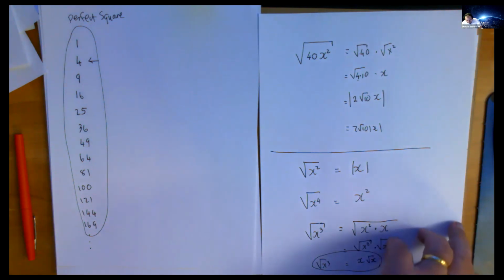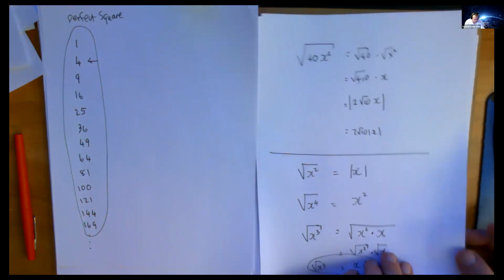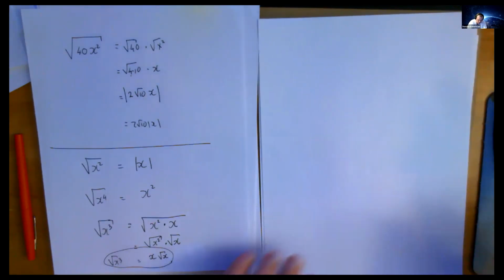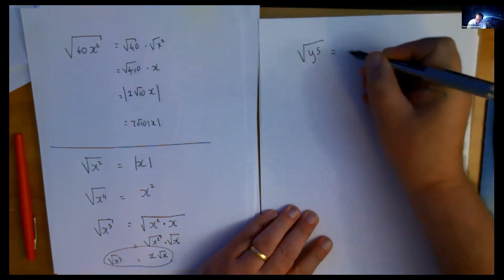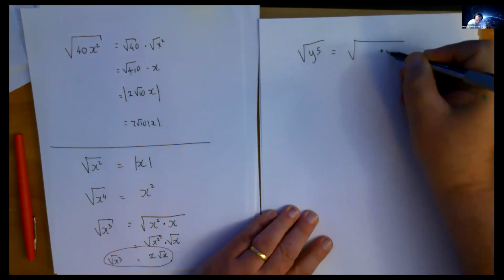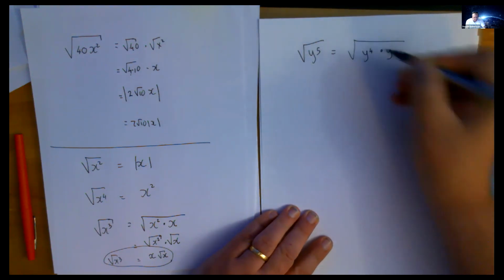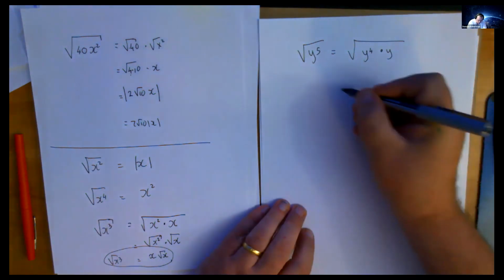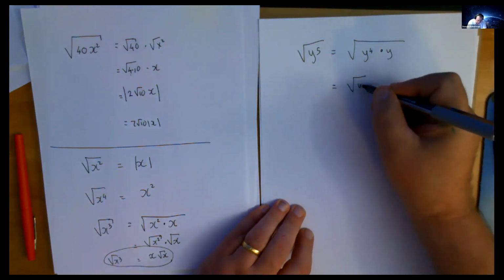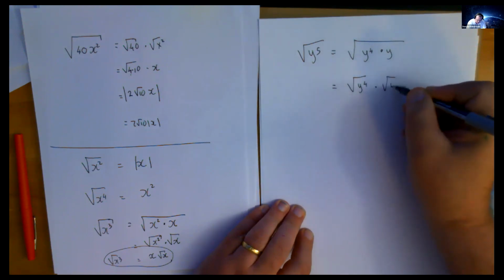Okay, let's try another version of that last process. Suppose I had the square root of y to the 5. That's going to split as a 4 and a 1, right? That's going to become the square root of y to the 4 times the square root of y.